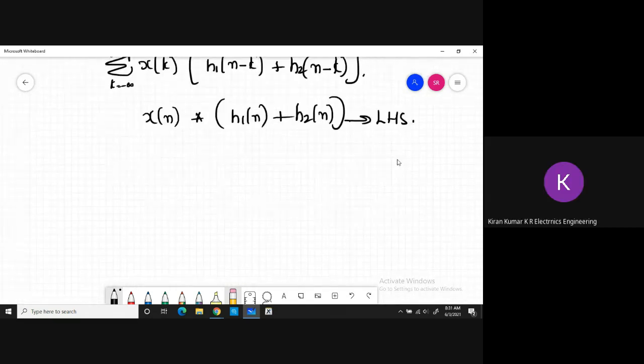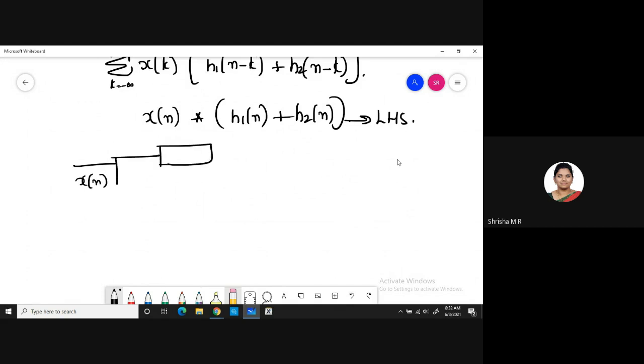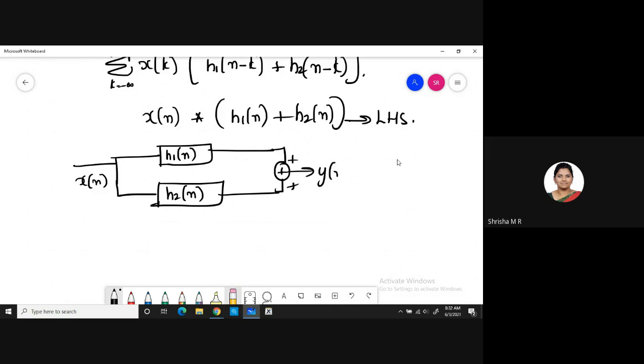Yes, ma'am. So now the conclusion from this distributive property is: if two systems are in parallel with impulse responses h1 of n and h2 of n, then you can write it as h1 of n plus h2 of n. You have two systems in parallel with impulse responses h1 of n and h2 of n, and if we add them, we get y of n.